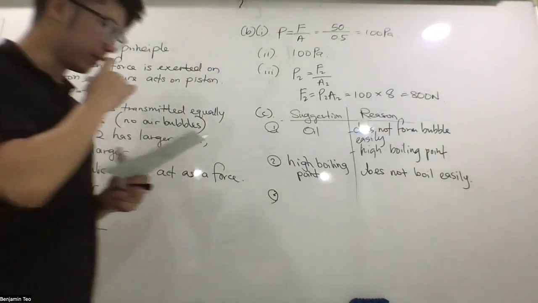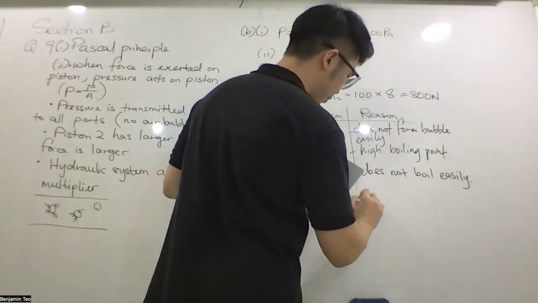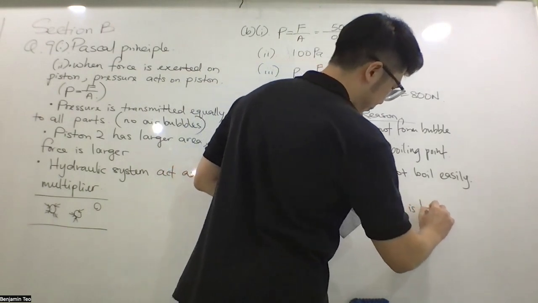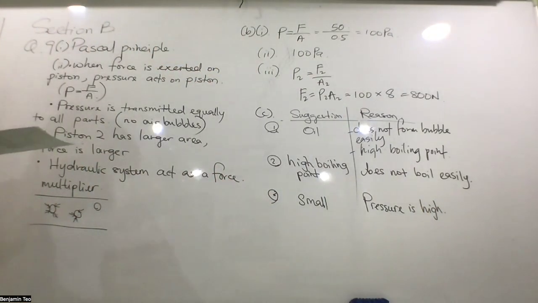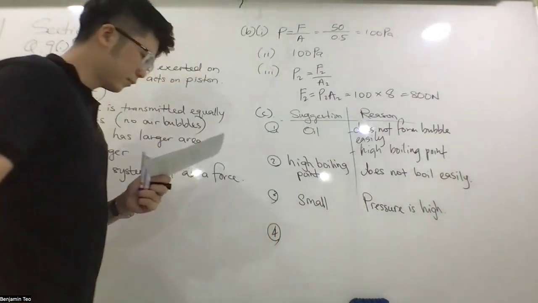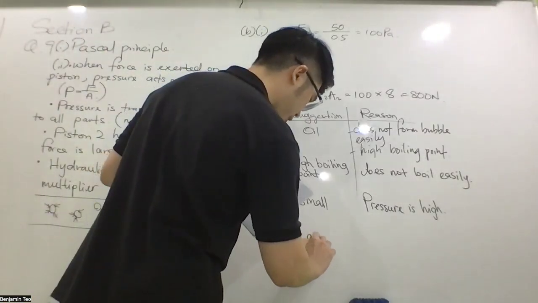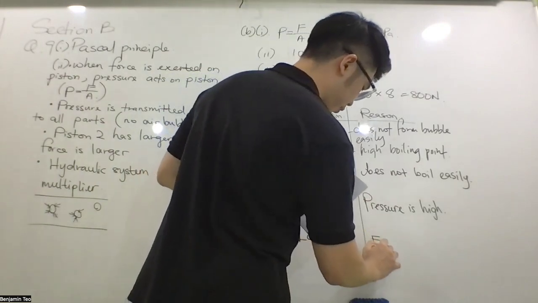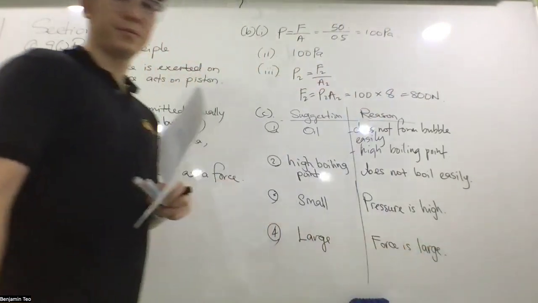Area of input piston, small area of input, so the pressure is large. Output piston, large. Force is large.